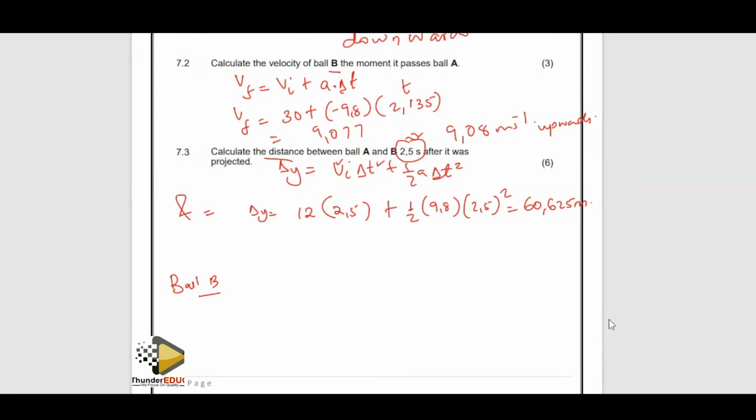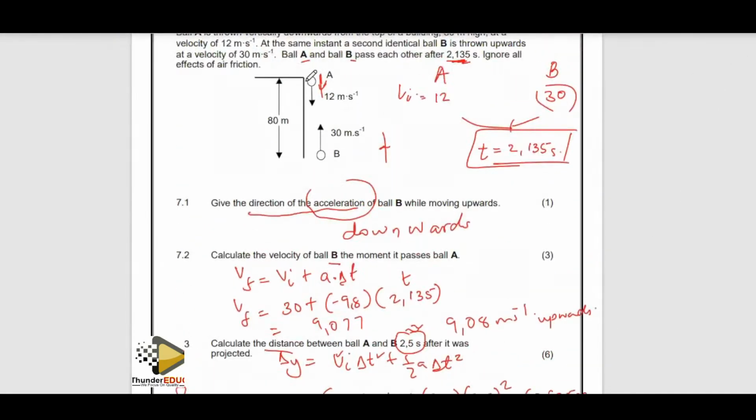Calculate the distance between A and B after this kind of time, let me just dissect this. So this would have traveled that much, which is 60.6 something. So what is left is 19.375.